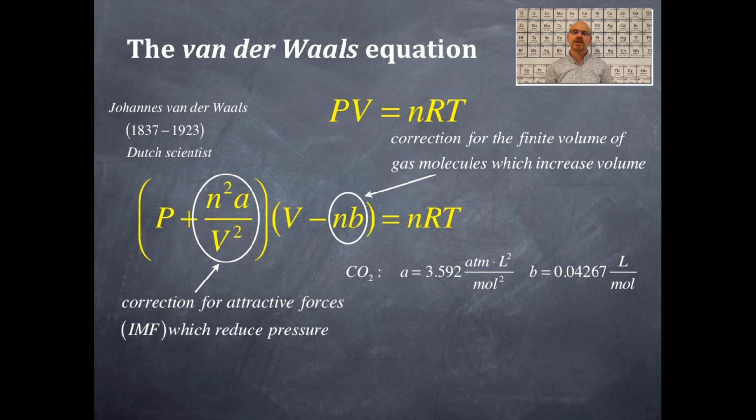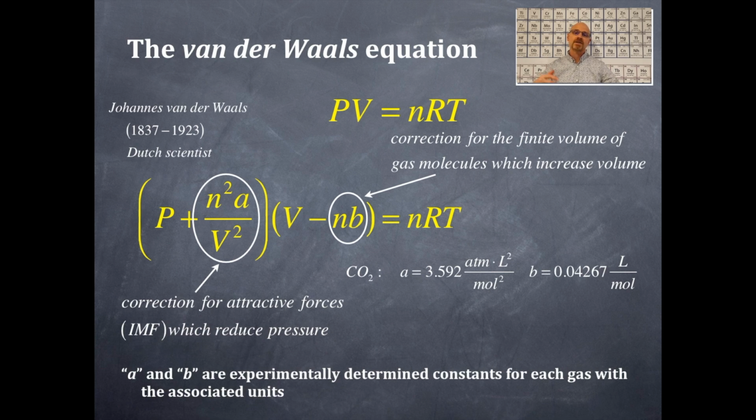These values you can look up in the Handbook of Chemistry and Physics, the CRC in other words. They are specific for that particular gas, whatever it is. These are experimentally determined constants for each gas, and those units allow us to cancel out the units for this equation, so it ties in very nicely.